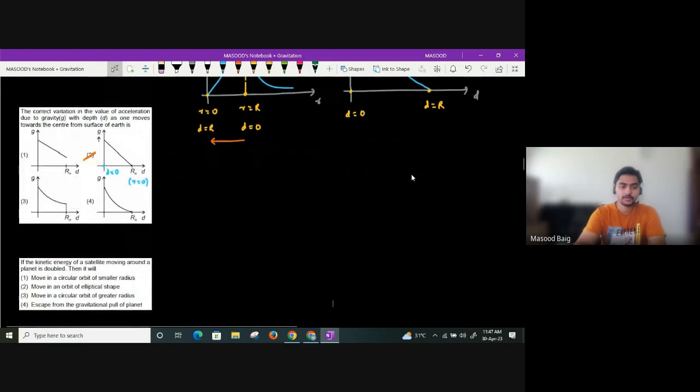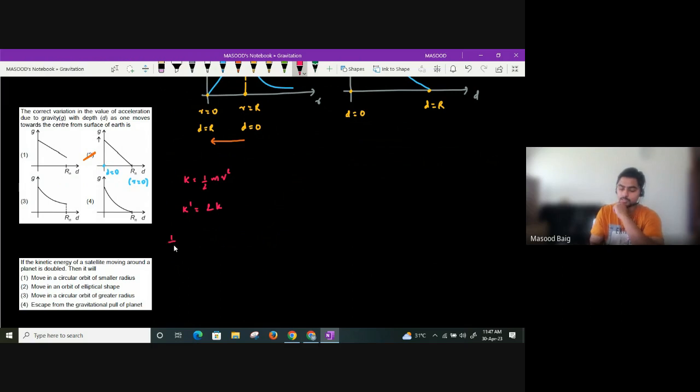Next. If the kinetic energy of a satellite moving around the planet is doubled, then what is going to happen? They are asking. Kinetic energy is doubled. Basically, what is kinetic energy given as? Half mv square. So for kinetic energy, what is k dash value? It is 2k.